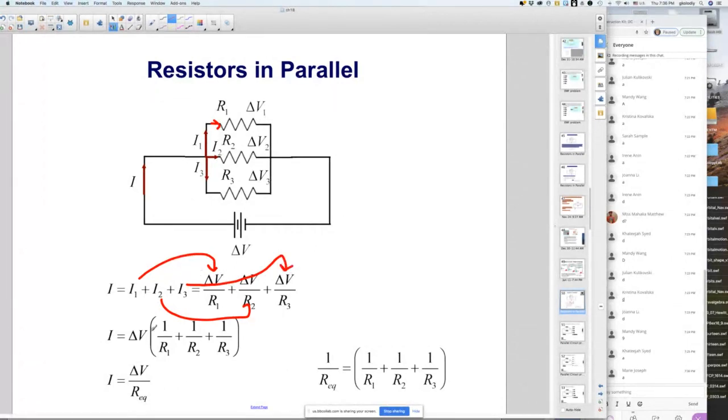Delta V is the same here. We can factor it out. And therefore, all of these add up to what's called the equivalent resistance. Equivalent resistance follows this formula. And if you use this, which we're going to do in a minute, the resistance becomes less and less the more resistors we add in parallel.